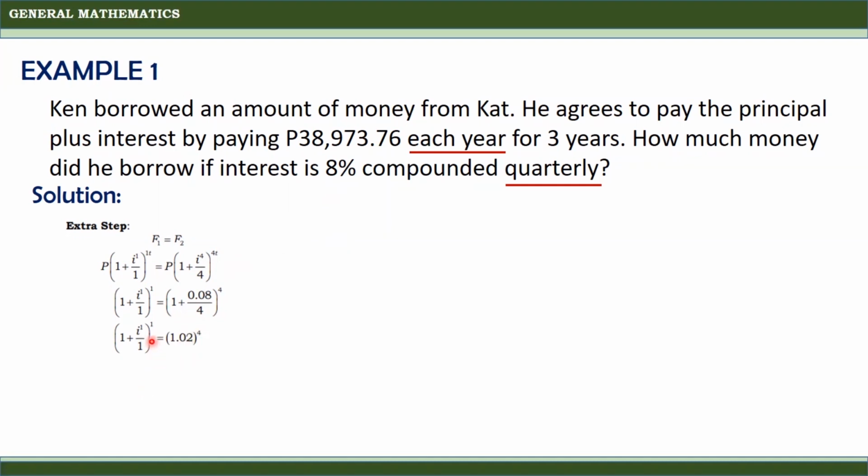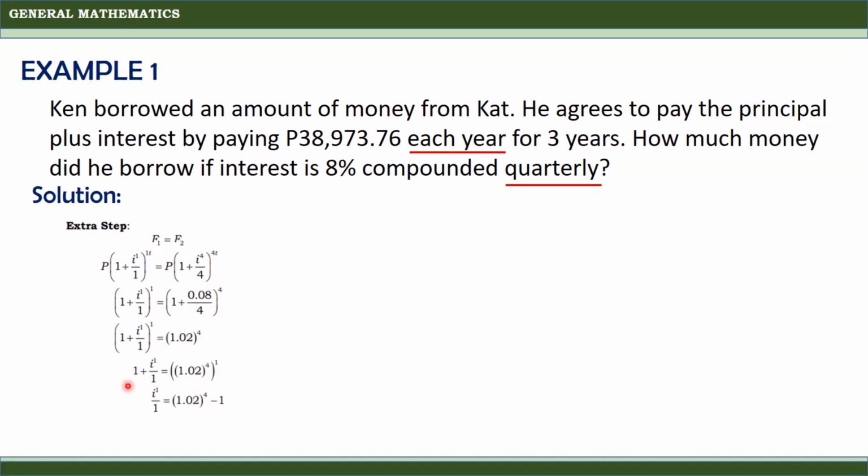Next, we need to eliminate the exponent 1 here by raising both sides by 1. So we will have (1 + i)^(1/1) = 1.02^4 raised to 1. Next, multiply the two exponents 4 and 1. It will give us 1.02 raised to 4.